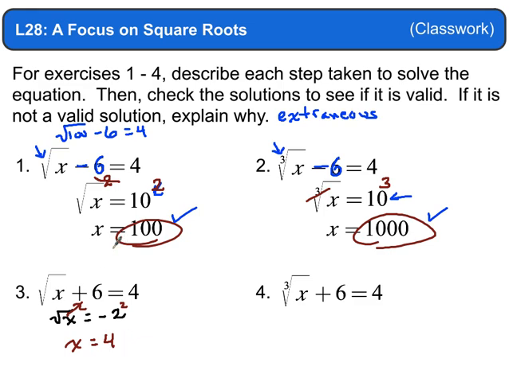But then if you went back in and checked this one, the square root of 4 plus 6 would be 2 plus 6, and that's equal to 8. Well, that doesn't actually equal 4. So this 8 is called an extraneous solution, and it does not work. That's really pretty much the goal of this lesson.